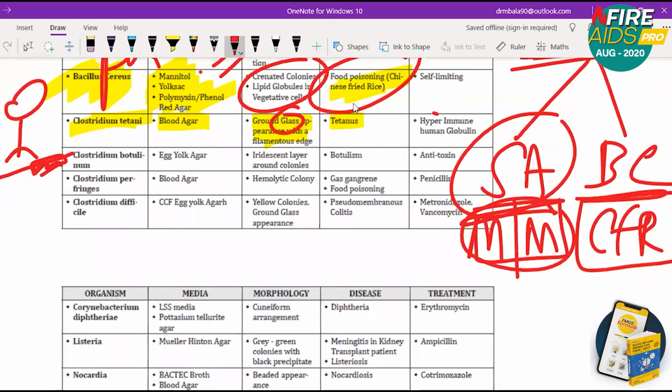You are bleeding at that place, blood agar. You're playing on the ground, so from that soil, through your injury, the tetanus enters. So remember ground glass appearance and blood agar. Tetanus: ground glass appearance, blood agar. Am I clear here?